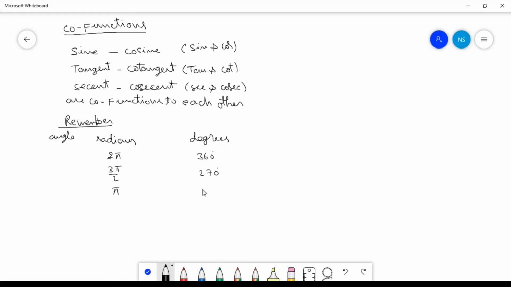Pi radians equals 180 degrees. Pi by 2 radians is equal to 90 degrees. Pi by 4 radians equals 45 degrees. Pi by 6 radians is equal to 30 degrees. Pi by 3 radians is equal to 60 degrees.